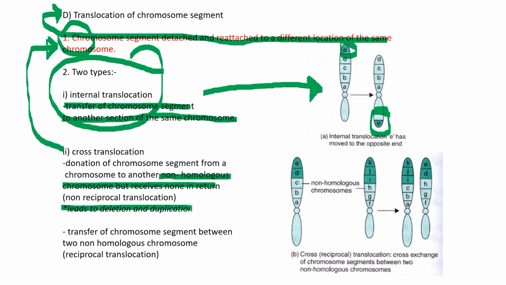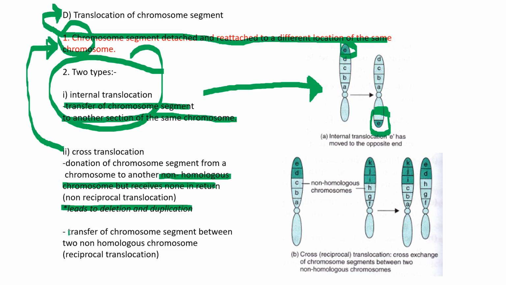Remember, you have learned this earlier. Deletion means that one of the segments of that chromosome is deleted and received by another non-homologous chromosome. So that non-homologous chromosome that received the deleted segment becomes duplicated.